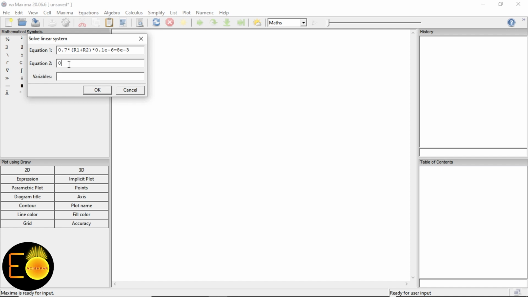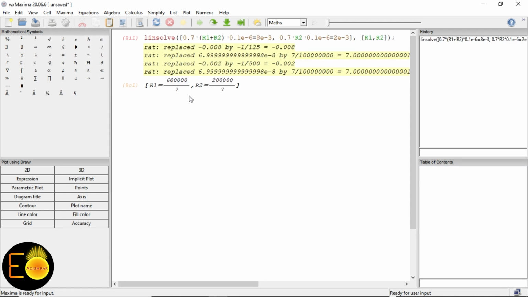And equation 2 is 0.7 times R2 times 0.1 E minus 6 equals 2 E minus 3, 2 millisecond. The variables are R1 and R2. So these are the two values, and I need them in numerical form.